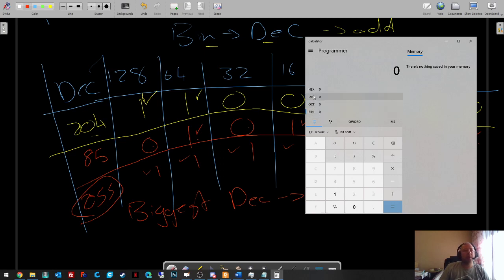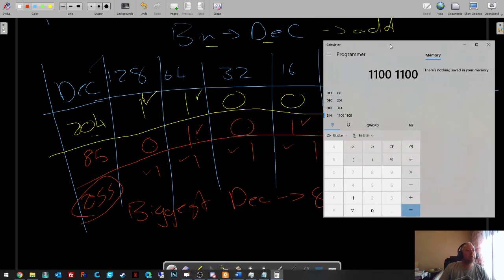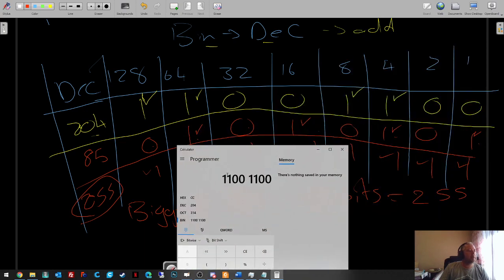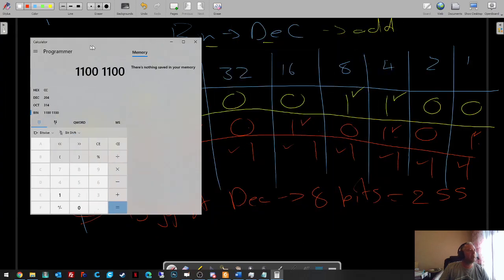So let's say we've got a decimal number of 204. And you can see it automatically does the conversion to binary for me. Was I correct? 1100 1100. So I was correct in my assumption. Let me type in the second one, just looking for some space where I can put this so it's not in the way.